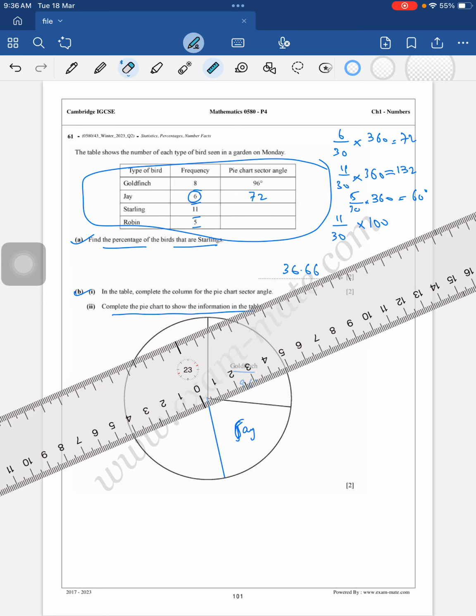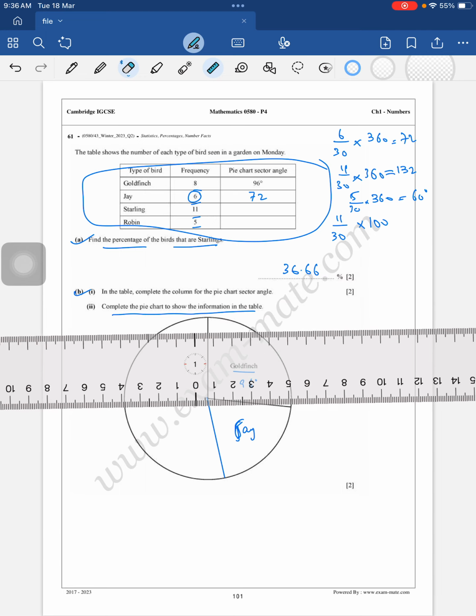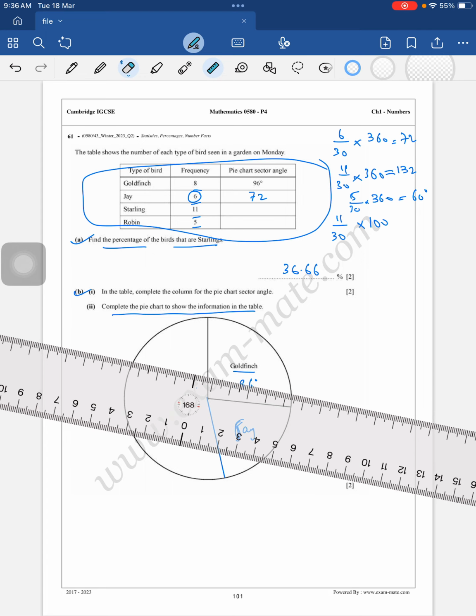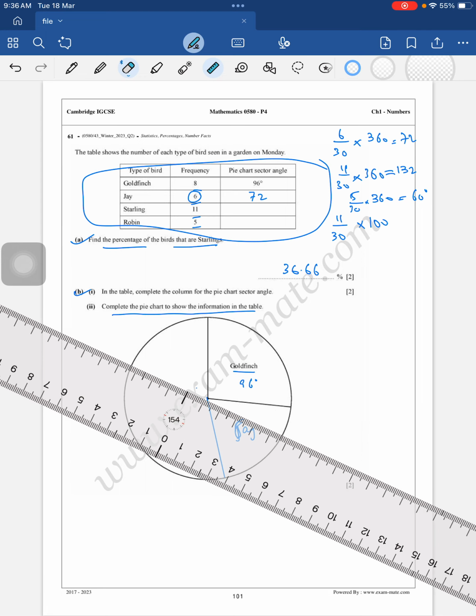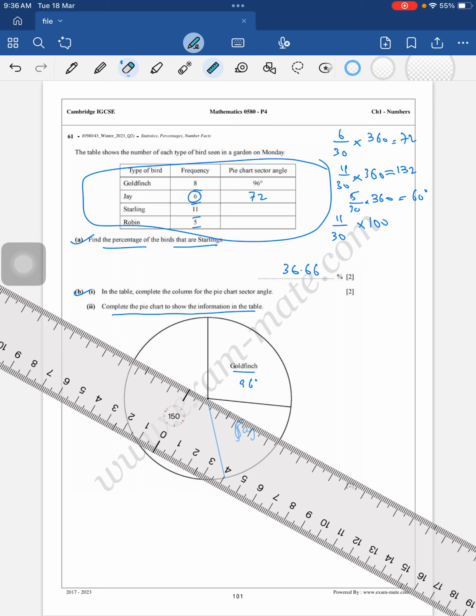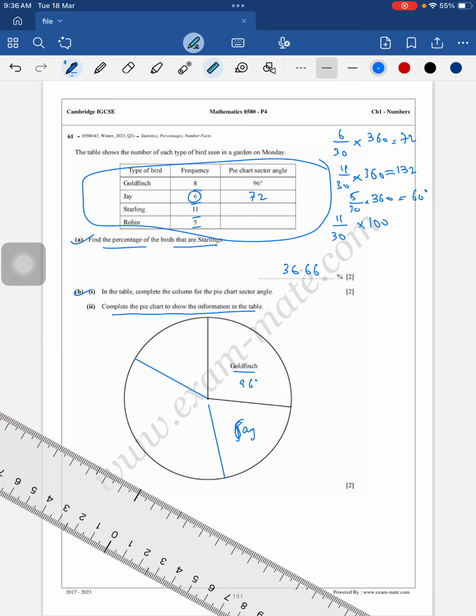So this is now going towards 0, then adding 30, so it will be 180 plus 30, which is 150. So this will be 132, that is starling, and the last will of course be robin, that is 60.